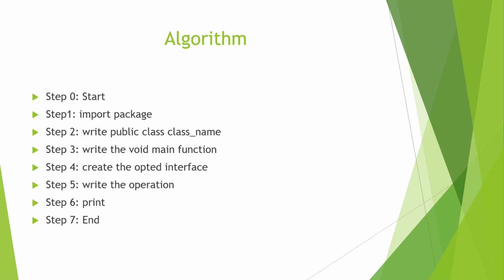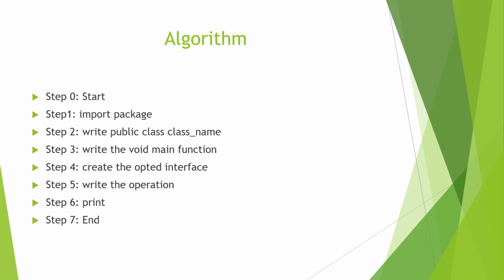Whenever we write any function related to interface, these are the steps of the algorithm used to write the function. First, we will start writing the program. Step 1, first we will import packages. In case of list interface, the list interface comes under the java.util package.